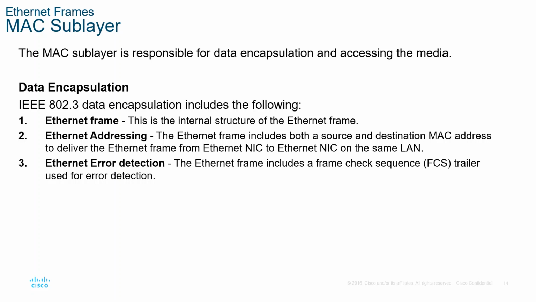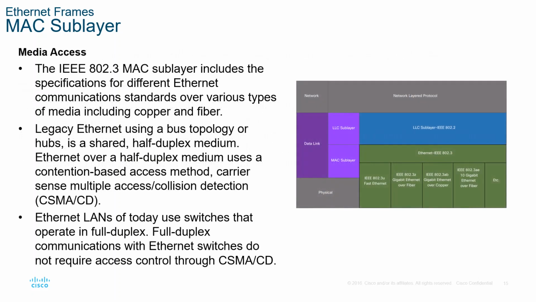Second is the data encapsulation for Ethernet addressing, where the Ethernet frame will include both the source and destination MAC address to deliver the Ethernet frame within the same LAN. And finally, we have Ethernet error detection, which includes a frame check sequence trailer that will be used for error detection. I will explain about the media access first.